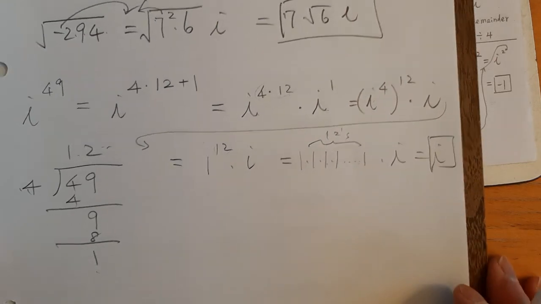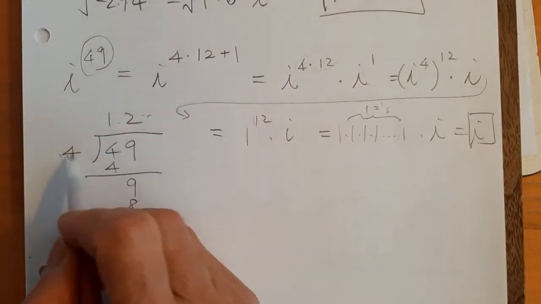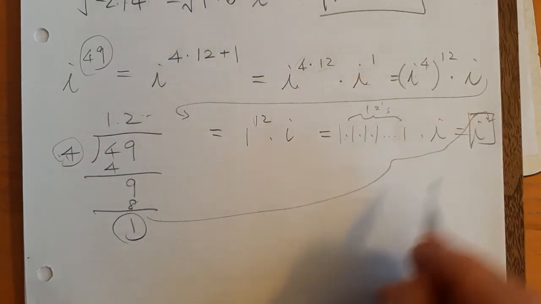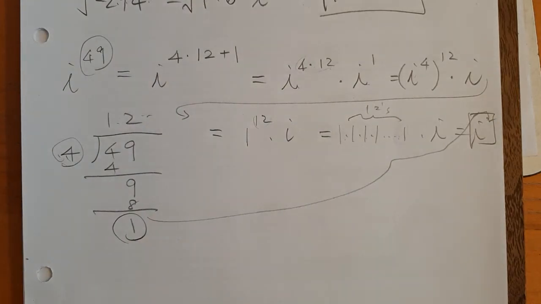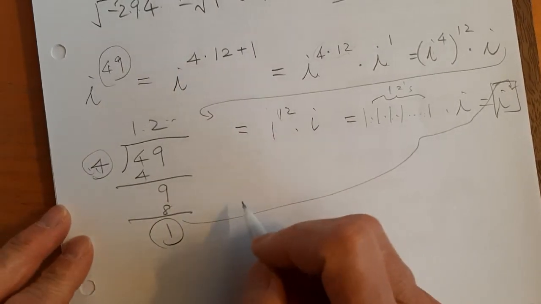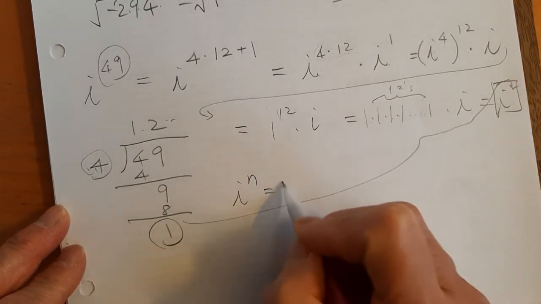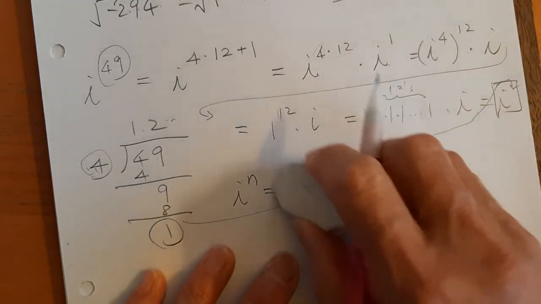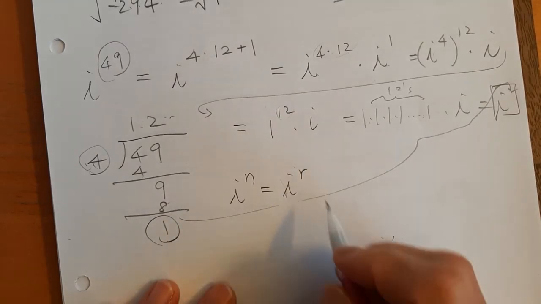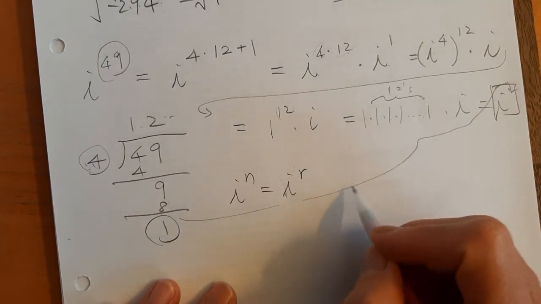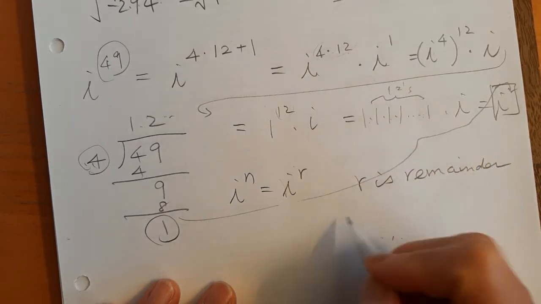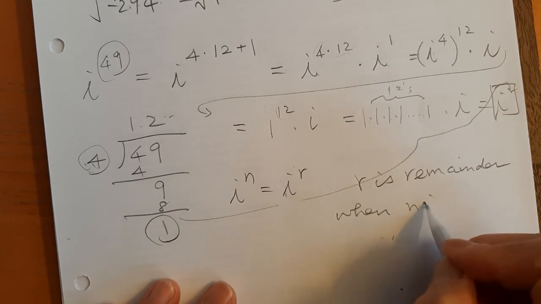And there's also a quick way to do it. 49 divided by 4, you get remainder 1. Put 1 here. The answer is i to the power 1, which is i. Take the remainder. So the formula is i to the power n equals i to the power r, where r is the remainder when n is divided by 4.